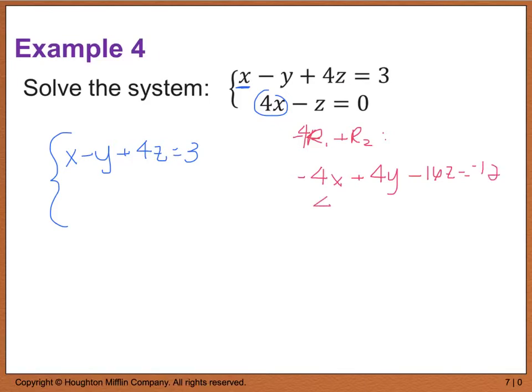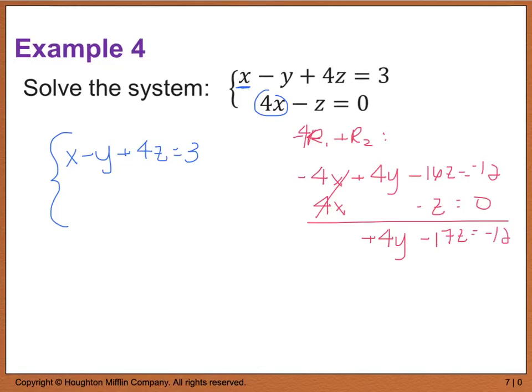And then I still have my 4x and my negative z and 0. So my new second equation then, my x's are going to cancel, and I have plus 4y minus 17z equals a negative 12.